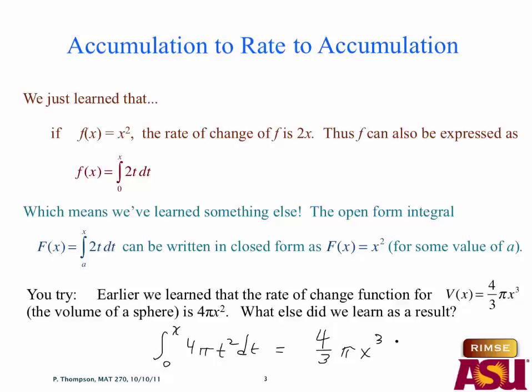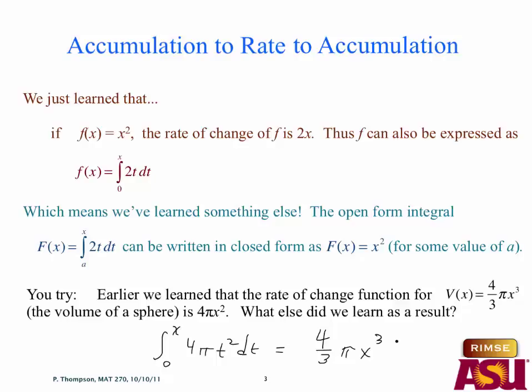The reason we knew that is because we found the rate of change function, starting with the accumulation function. Because of that, we also learned that this open form accumulation function equals that.